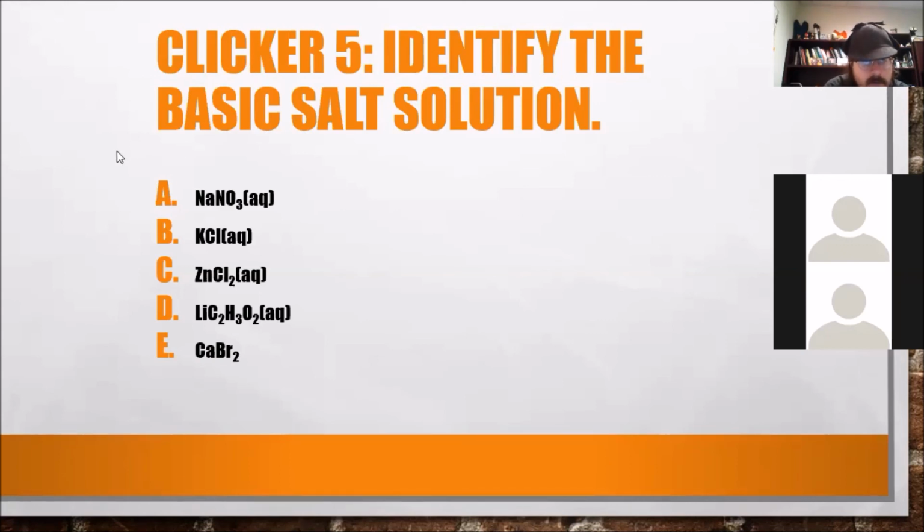As you're thinking about this, remember, you break it down into cation and anion pair. The cation is responsible for acidity. The anion is responsible for basicity. You've got to think which one of these guys would make this all basic.